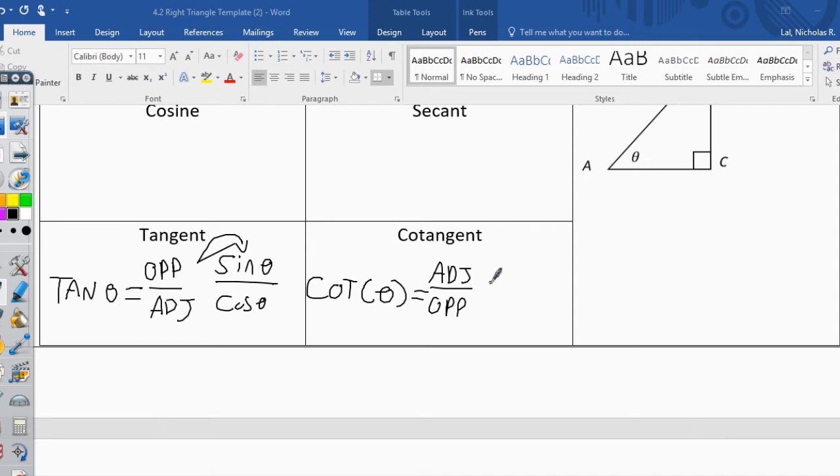So that's equal to the cosine of theta over the sine of theta. It's also equal to 1 over the tangent of theta. So if you have 1 over a fraction, the numerator and denominator of the fraction flip. So 1 over opposite over adjacent flips the numerator and denominator: adjacent over opposite.